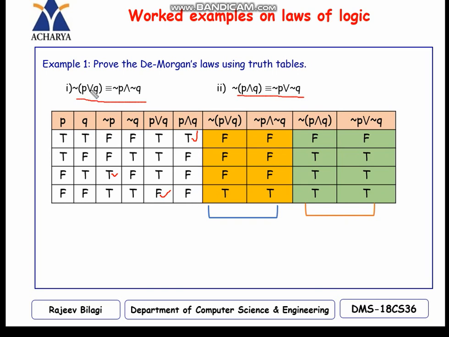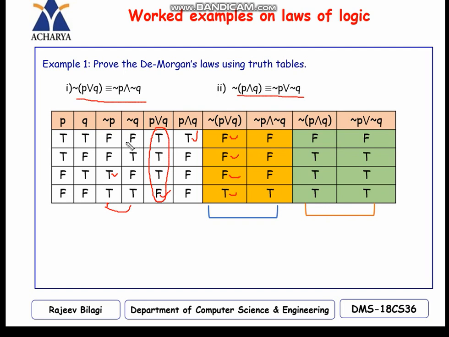Now coming to negation of P or Q. I have identified P or Q here, so negation of this is F, F, F, T. Now similarly, negation of P and negation of Q. What is the AND operator?